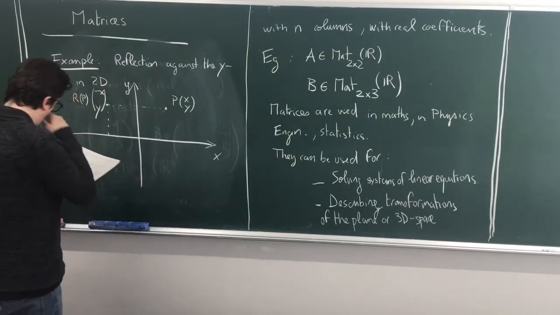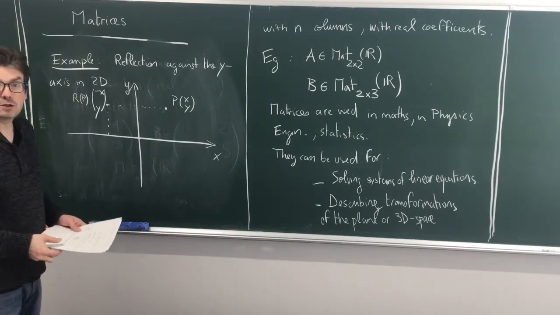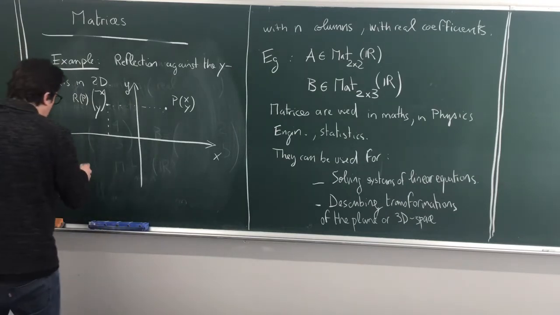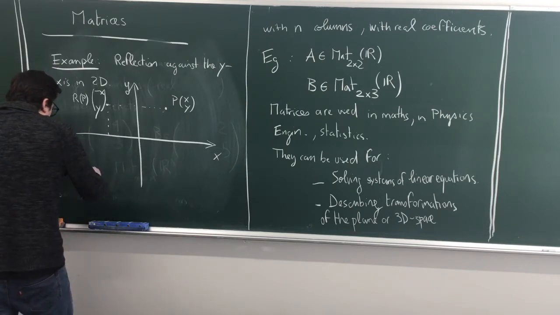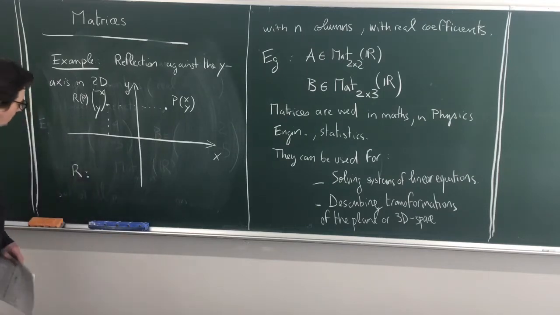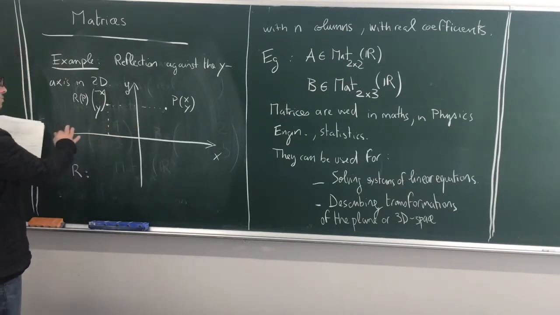Okay, so how to represent this kind of operation on the plane? Well, it's very simple. First of all, this map R will be an operation from the 2D space to the 2D space.